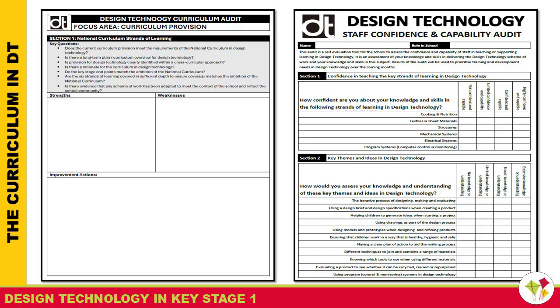The outcome from compiling the results from this survey may highlight the strengths and weaknesses in staff subject knowledge and point the way for further staff training and development. Research has shown that staff subject knowledge and the confidence to teach the curriculum content is the biggest barrier to effective teaching and learning in design technology.